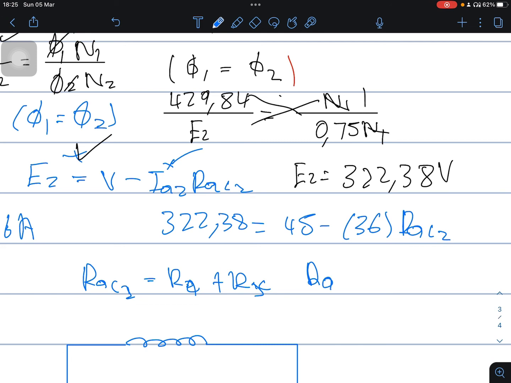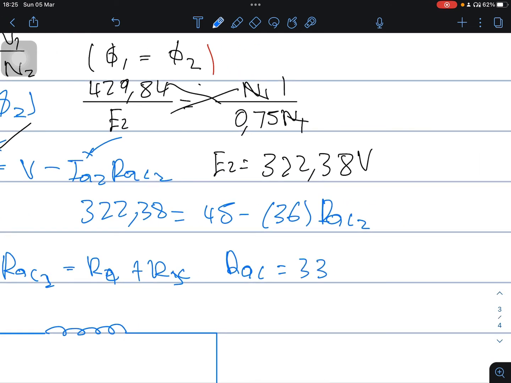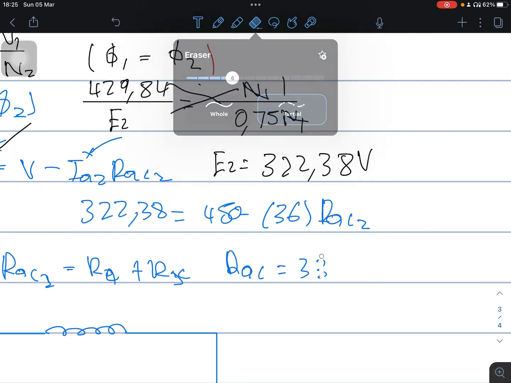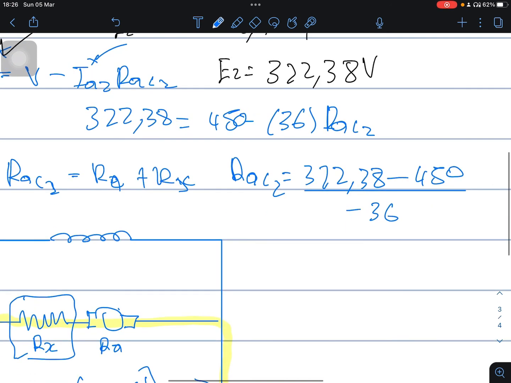Therefore RAC2 is 322.38 minus 450, divided by negative 36.